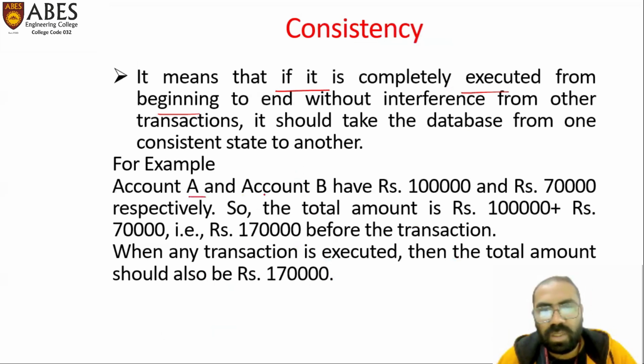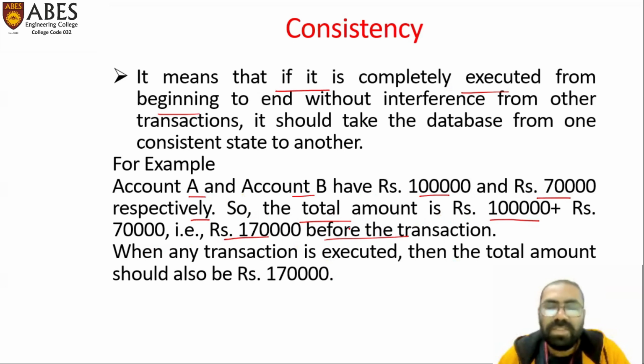Let us take an example where account A and account B have 1 lakh and 70,000 respectively. So the total amount before the transaction is 1 lakh 70,000. We have not credited any amount, we have not debited any amount.